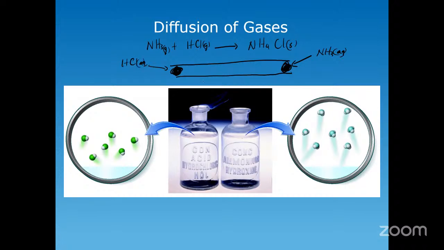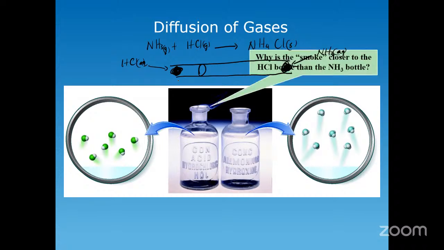And then you sit and wait a while, and what happens is that you're going to have a white ring of ammonium chloride, which is formed closer to the cotton which is soaked with the hydrogen chloride, right? Again, that is due to the faster speed of the ammonia compared to the hydrogen chloride. Okay, so that's what happens in this case, all right?